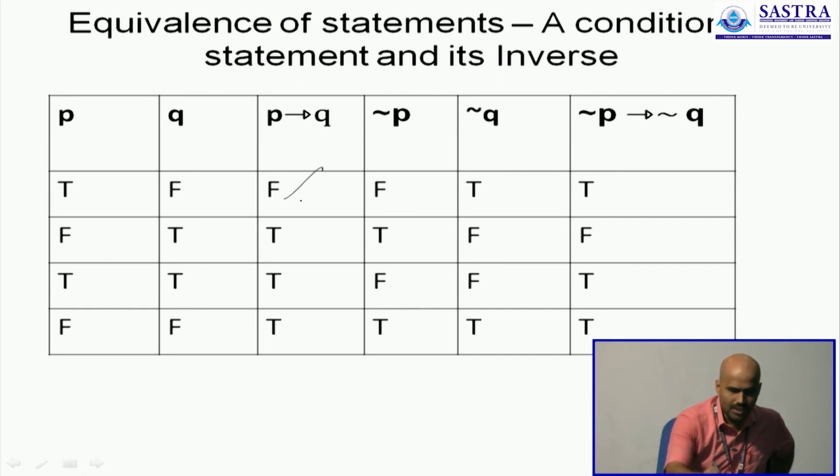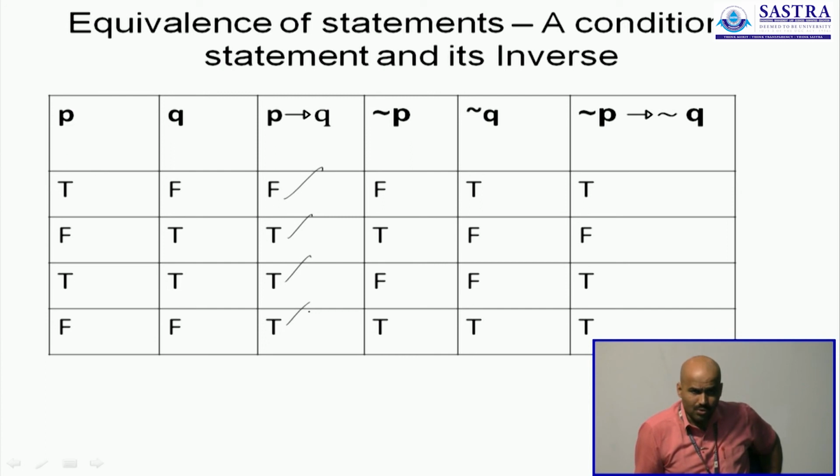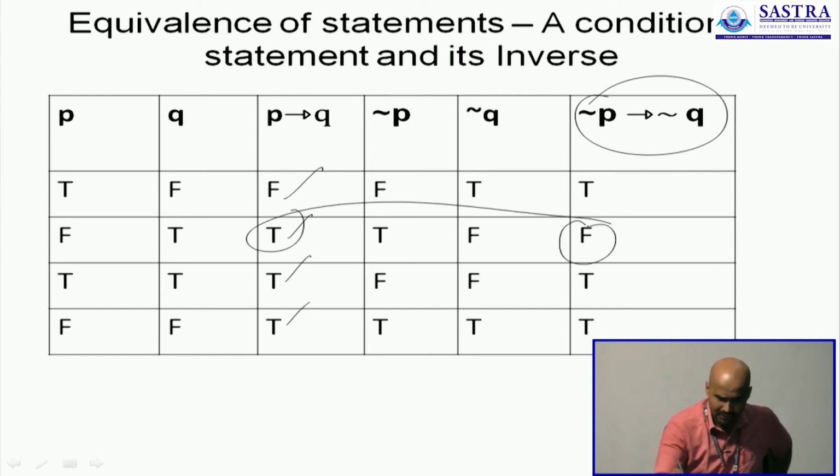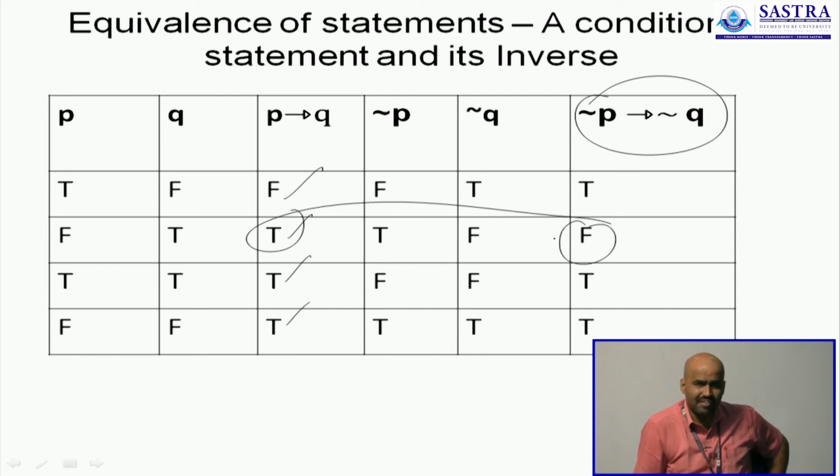The conditional takes place here and it has three true values and one false value. Now its inverse, which you call it in this manner, also takes up three true values and one false value, but they are not completely alike. In fact, they differ in two places out of the four places.